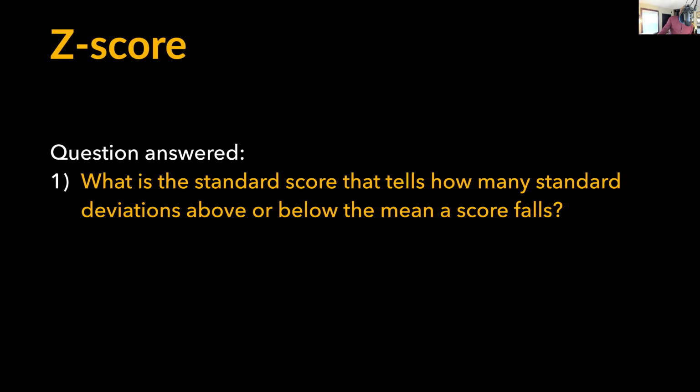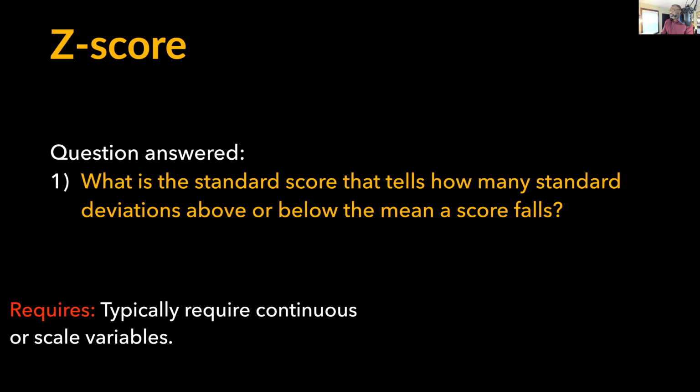So the question that z-scores answer is, what is the standard score that tells you how many standard deviations above or below the mean a score falls? And it requires continuous variables.